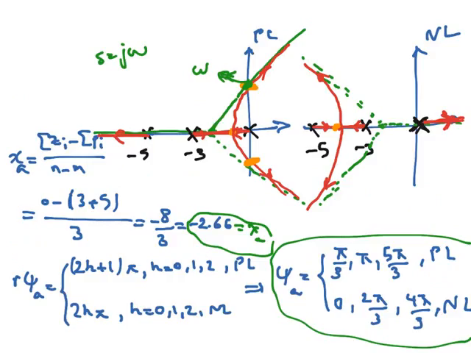So going back here, at this point omega will be equal to square root of 15.